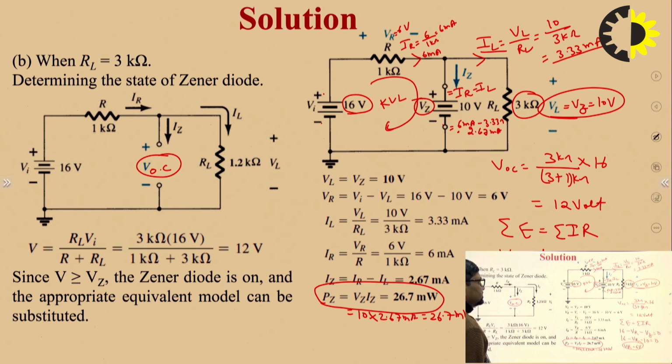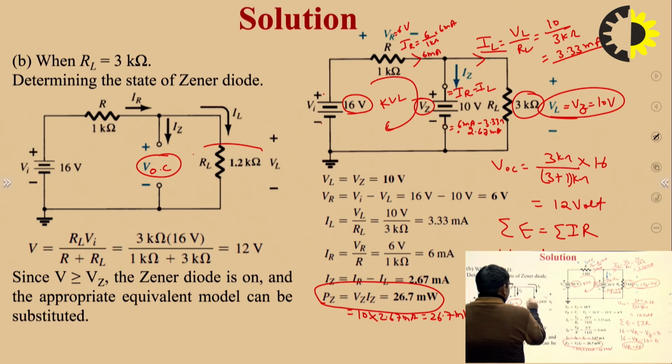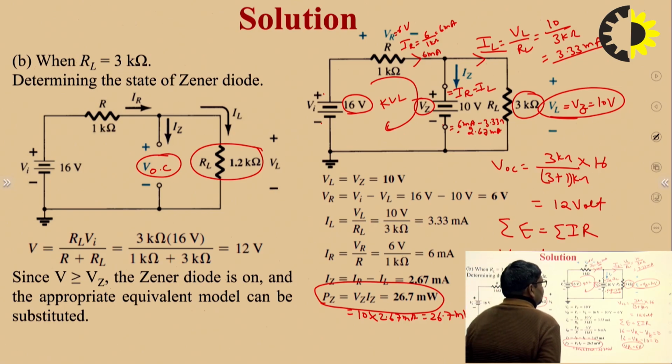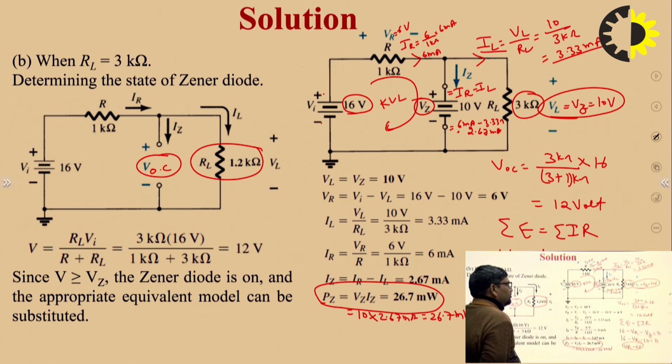If the load resistance is 1.2 kilo ohm and 3 kilo ohm, we see that when load resistance is 1.2 kilo ohm, the Zener diode does not work, and the Zener current is 0 and the PZ is equal to 0. But in the case of load resistance 3 kilo ohm, the Zener current is calculated as 2.67 milliampere, and the load voltage is fixed at the reverse breakdown Zener voltage, which is 10 volt, and the load current is 3.33 milliampere.